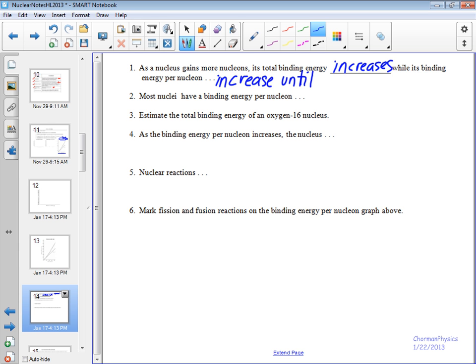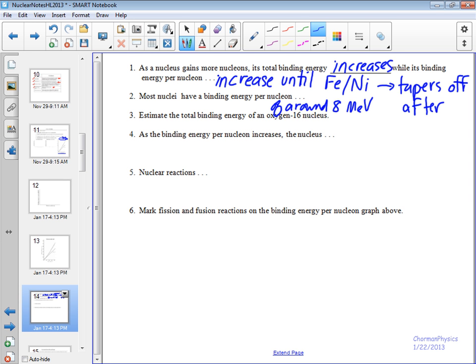So this is the total binding energy to keep it together. But the binding energy per nucleon is going to increase until iron and nickel, and then it begins to taper off. And what this tells us is that iron and nickel are the most stable elements. Most nuclei have a binding energy per nucleon of around 8 mega electron volts.